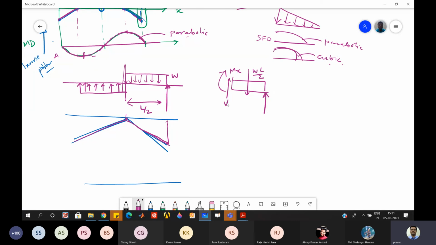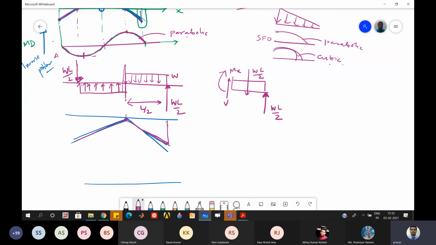So this Vx will be 0 only when this is WL by 2, right? Yes, sir. So that means if this is WL by 2, then it is fine. And then I can have this, and then again here, this is WL by 2, and this is WL by 2.